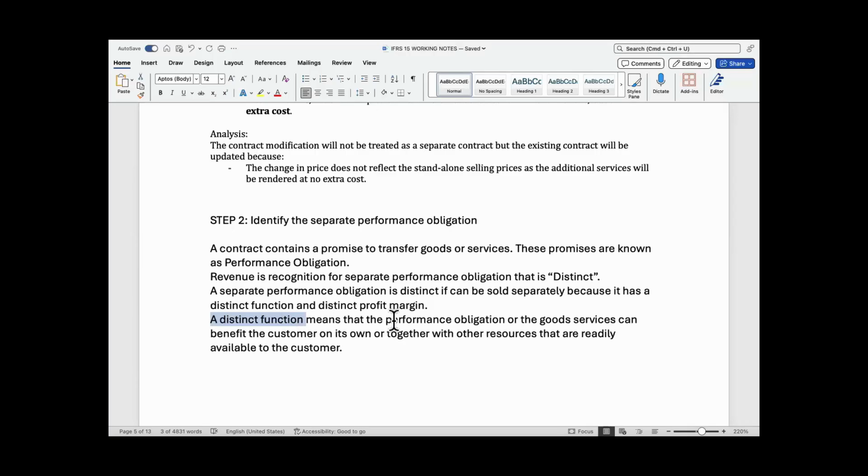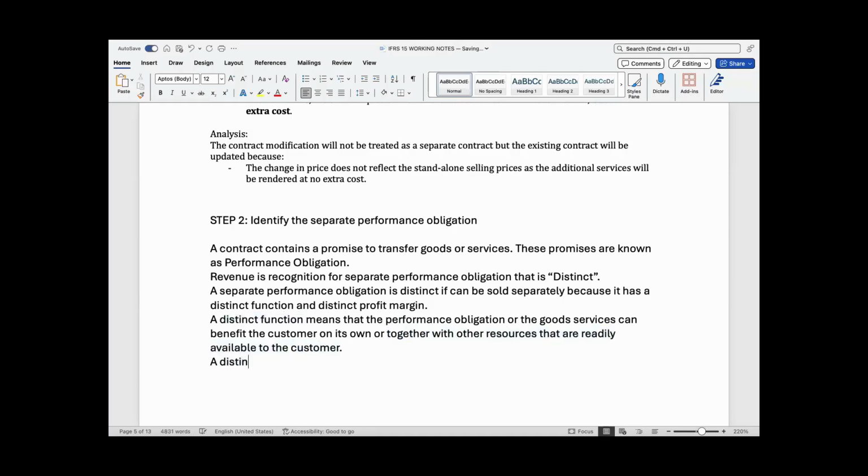You are just using it together with other resources that are expected to be readily available to you. Just like you buy a pen, for example. It's only useful if you can use it to write on another platform, right? That does not mean that the pen is not useful or is not functioning on its own. It can function, but you need to use it with other resources that are readily available to you.